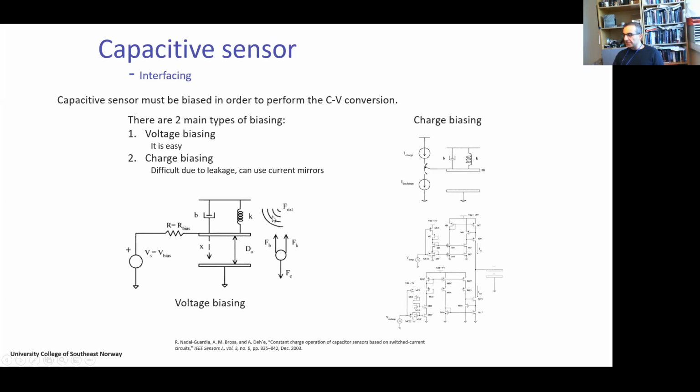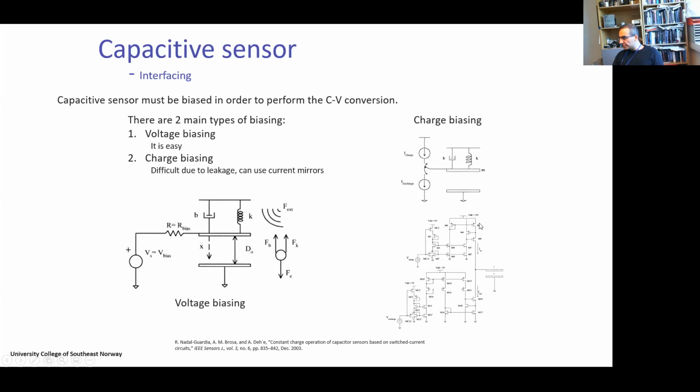So then we have an expression for this, and then we want to bias the circuit. As I said earlier, we can bias it using a voltage or a charge. If it's an accelerometer, we apply a voltage across the two plates, and then the biasing is done. But if you want charge biasing, then you need some charge or current sources, and normally, in the simplest form, a current mirror can be used.